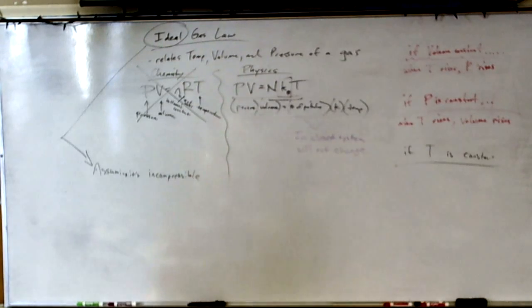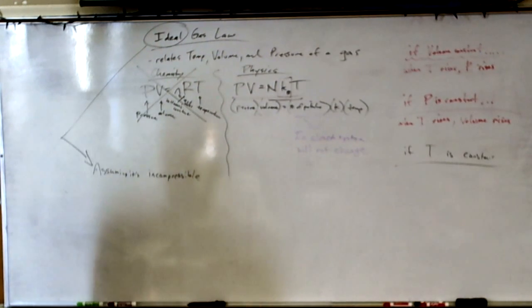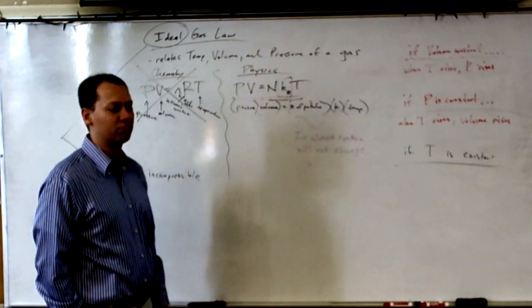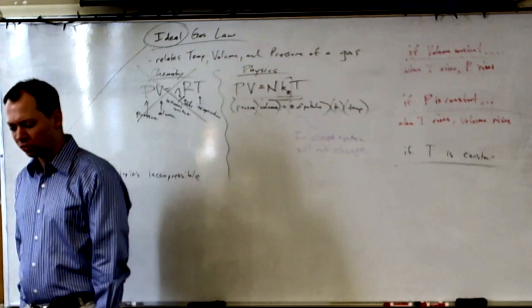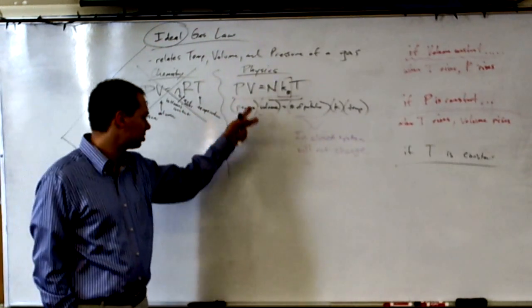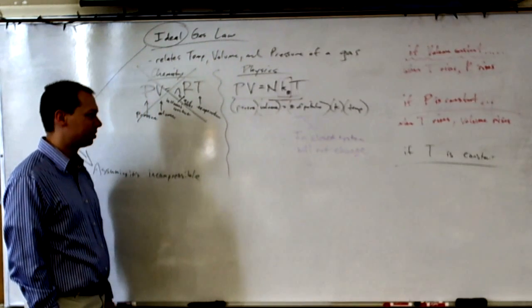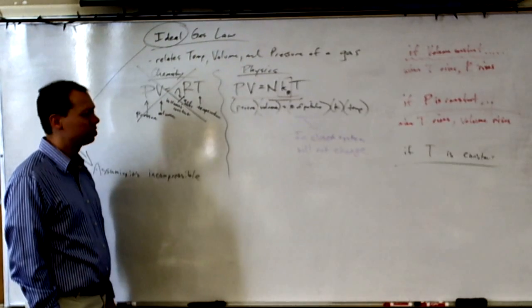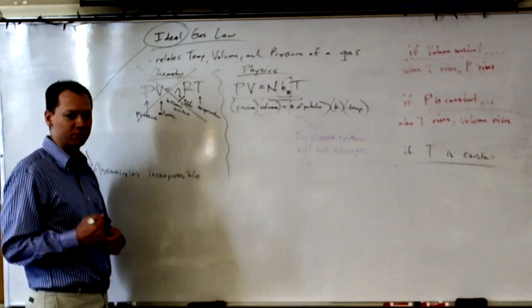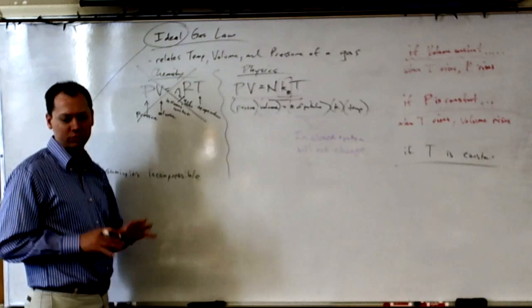The air compressor in the basement that we were talking about, when that air compressor compresses air, what is it doing? How can you relate that to this equation? What is it changing? Volume. No, it's got a tank, so the volume is pretty rigid, because it's in a metal rigid tank.